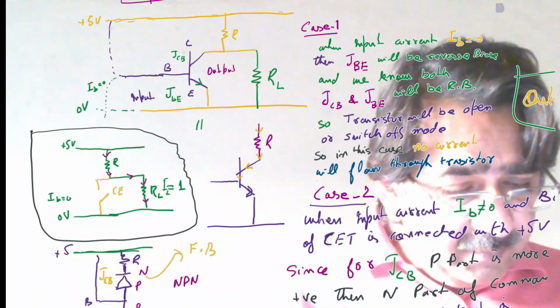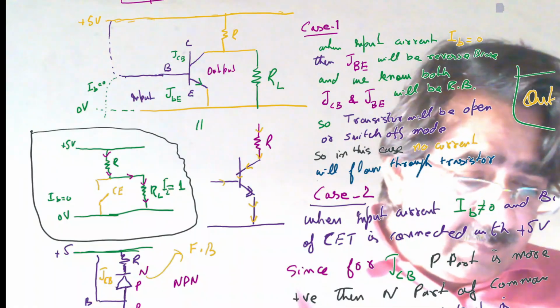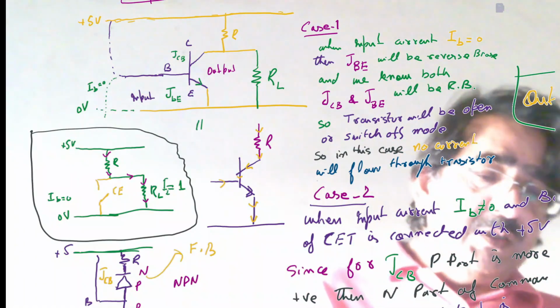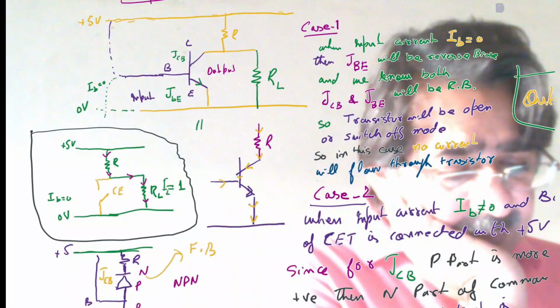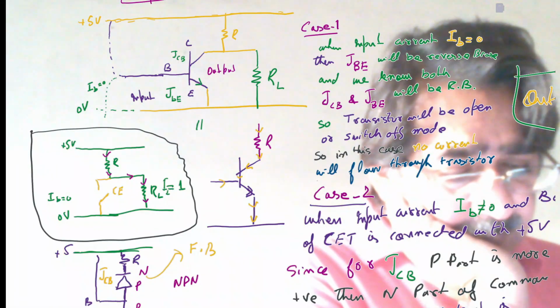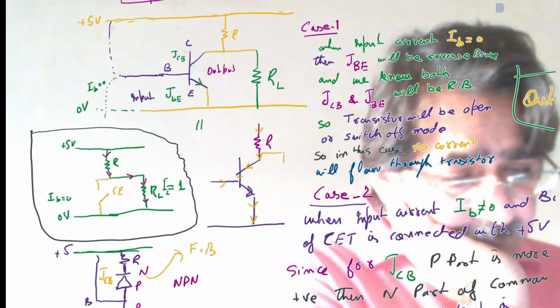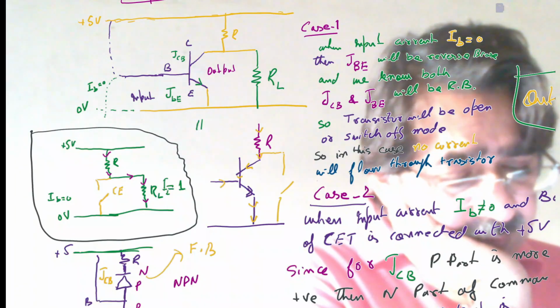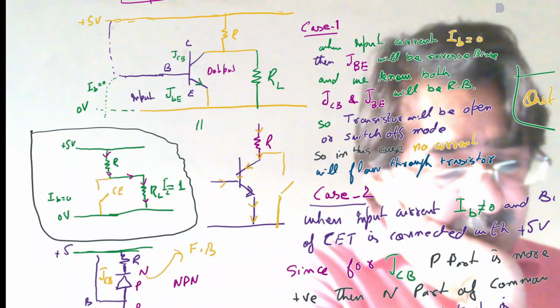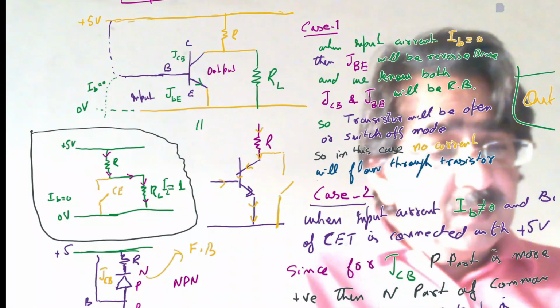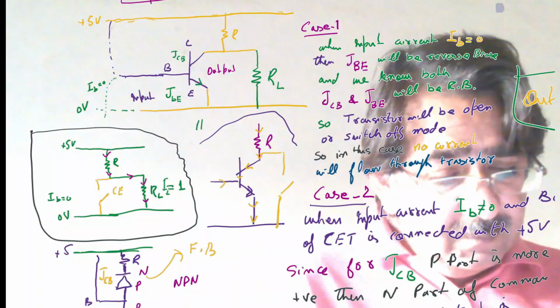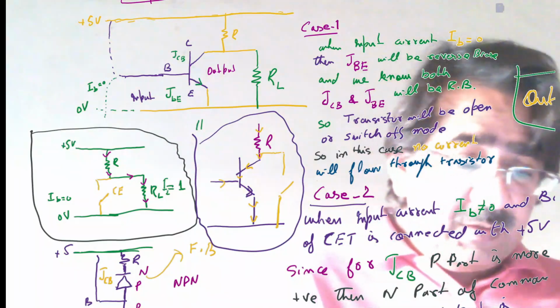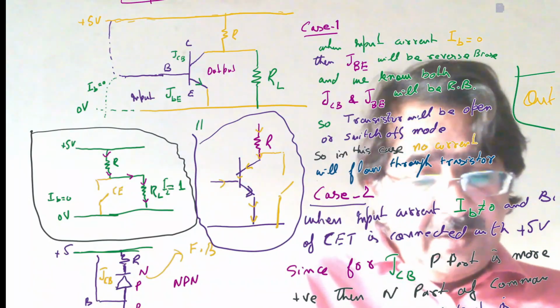So current will start to flow from this; if I consider that no current flows through the load, the output will be zero. So that will be two cases.